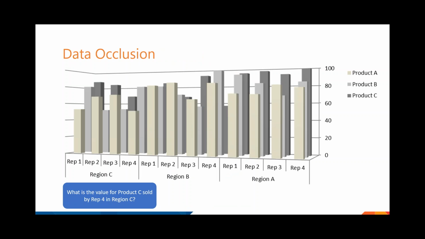So I am looking at a 3D chart, and if I said, what is the value of product C sold by Rep 4 in region C, if you tried to look that up, as I'm trying to do here with my mouse, you cannot see what that result is. That is called data occlusion, and it happens when we use 3D bar charts and column charts, because we are occluding important data, and this is what happens when we use the third dimension.